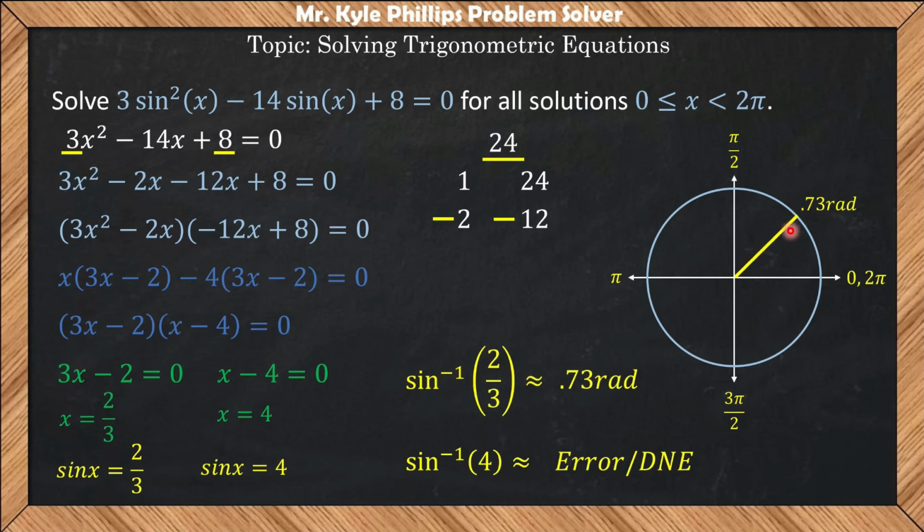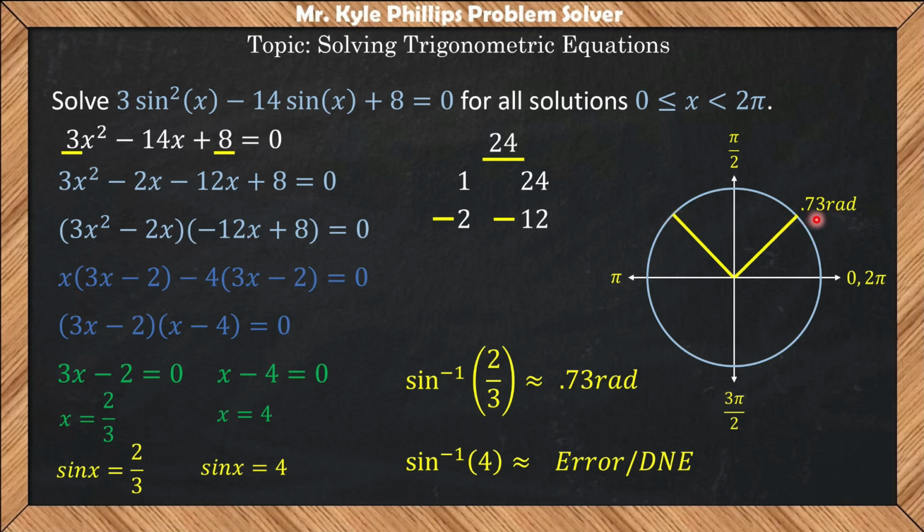But in the unit circle, since I'm looking at all possible values, is there another radian value that would have the same y value as 0.73 radians? And that answer is yes, because radians that have the same y value are on the same horizontal line. So if I move this over here to quadrant 2, these two radians would have the exact same y value.